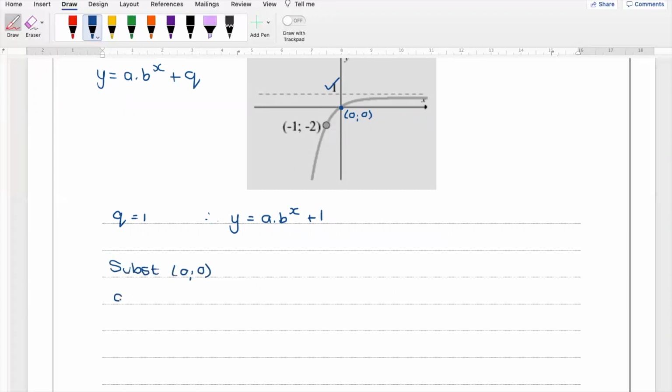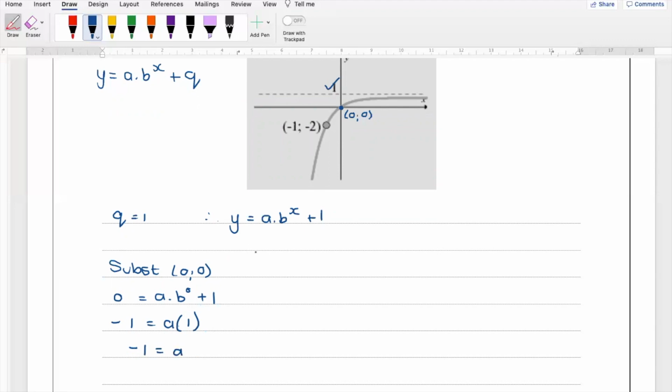So I'm going to say 0 is equal to a times b to the power of 0 plus 1. Okay, I'm going to move this one over. It's going to become minus 1 equals a times, what's b to the power of 0? I'm hoping you remember that that's 1. And so now we can say a is equal to negative 1.